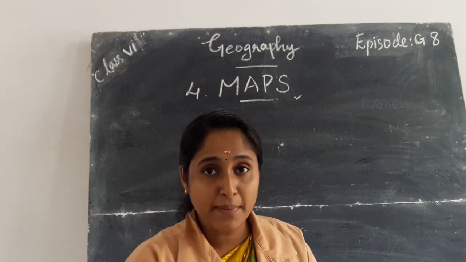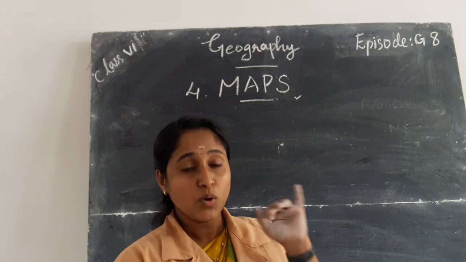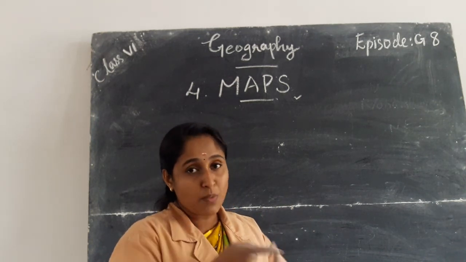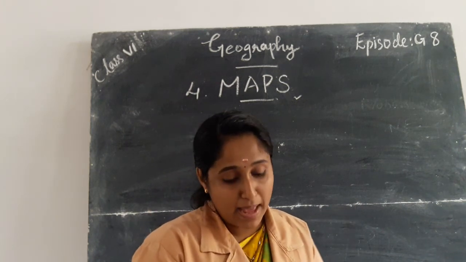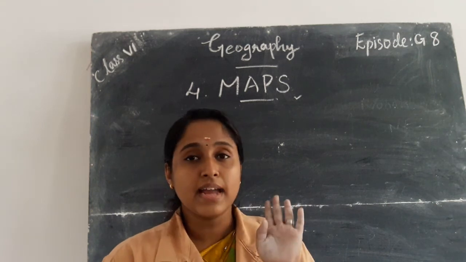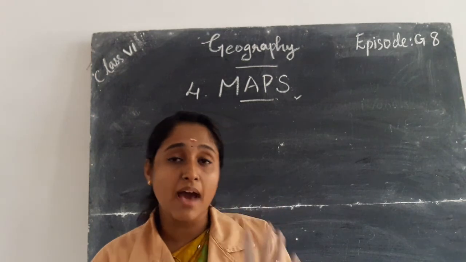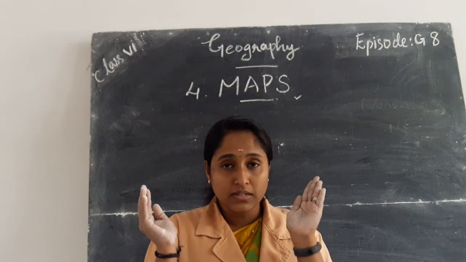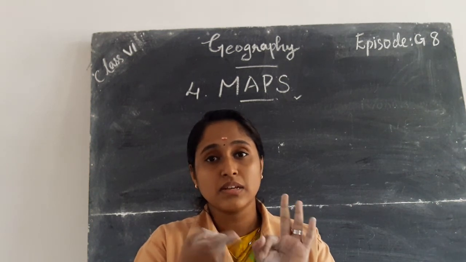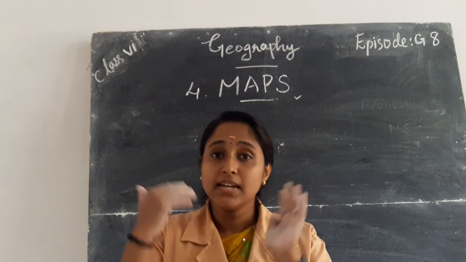We discussed the components of maps: distance, for which we use scales, small scale map and large scale map, and then directions, the four directions north, south, east, west, and the intermediate directions northeast, northwest, southeast and southwest.